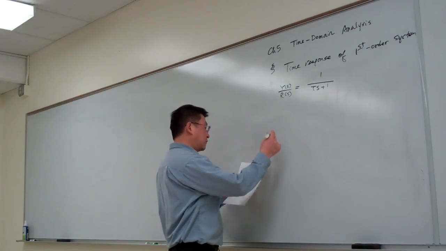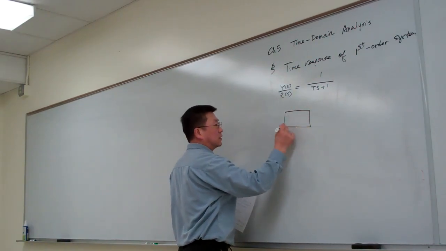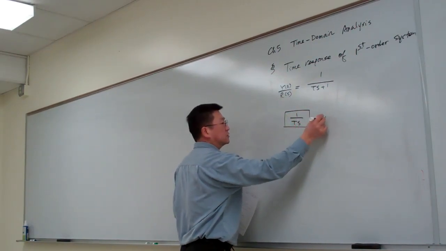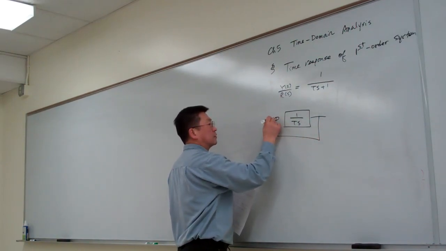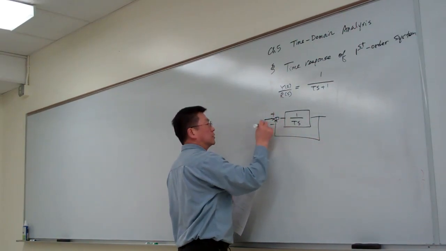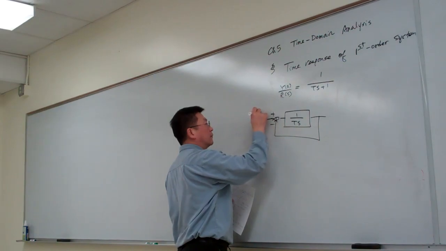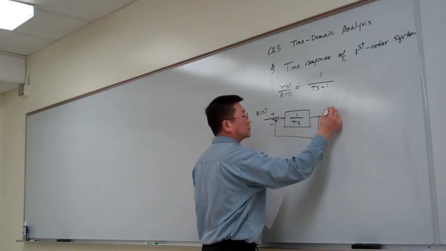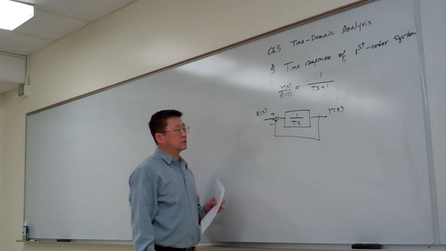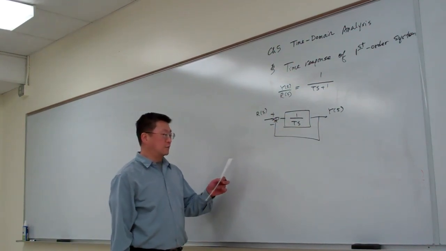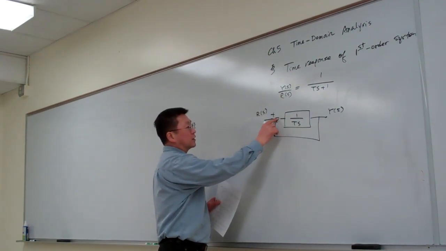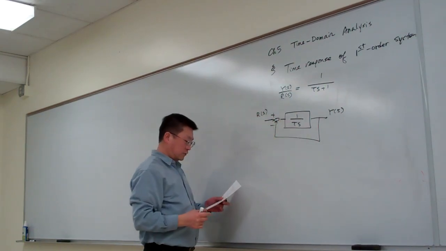A typical transfer function is something like this. Here we are only concerned about the steady state response. So these are transfer functions, and this is a block diagram we can convert into that.